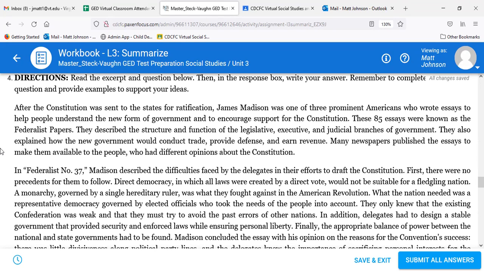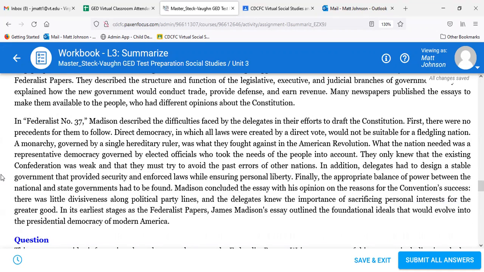Now we're going to look at a particular one, or ideas from a particular one. This isn't the actual text, but just what was written in it. In Federalist number 37, Madison described the difficulties faced by the delegates in their efforts to draft the Constitution. First, there were no precedents for them to follow. Direct democracy, in which all laws were created by a direct vote, would not be suitable for a fledgling nation. A monarchy governed by a single hereditary ruler was what they fought against in the American Revolution.